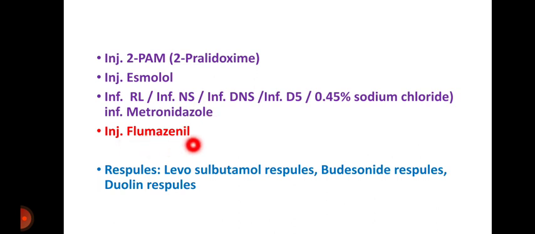Injection flumazenil is used in overdose of benzodiazepine, and respules like salbutamol, budesonide, and duolin, that is a combination of levosalbutamol and ipratropium bromide. These are used to treat asthma patients.